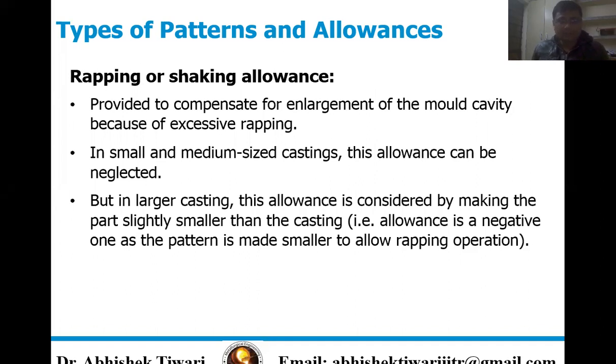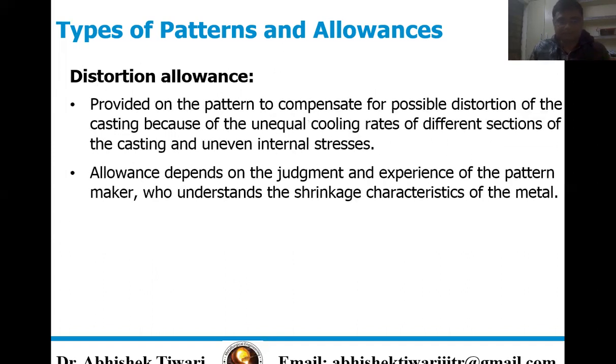In small and medium-sized castings, this allowance can be neglected, but in larger castings, this allowance is considered by making the part slightly smaller than the casting. The allowance is a negative one as the pattern is made smaller to allow shaking operation.